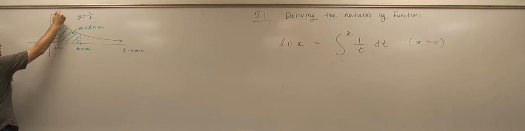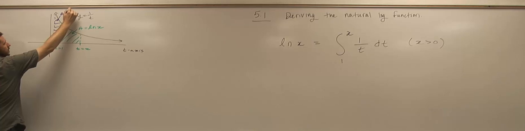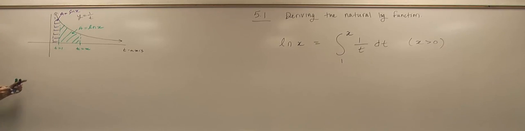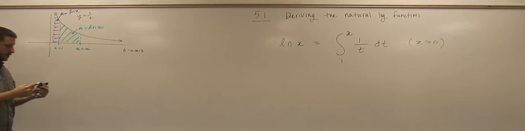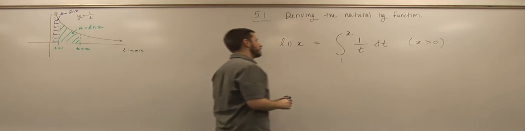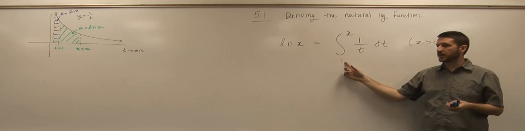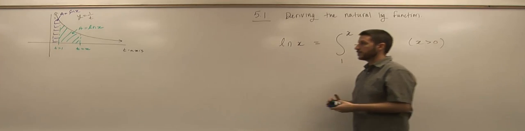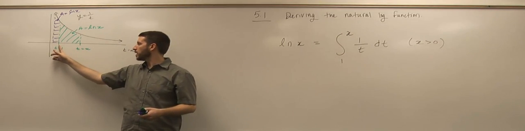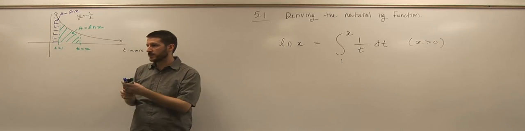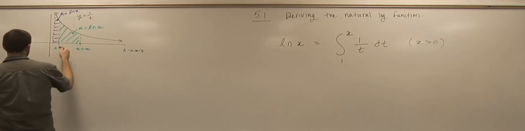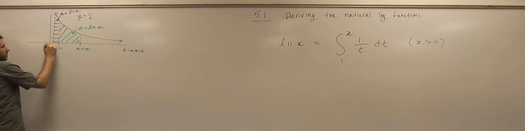Why is it negative? Why is the purple area a negative area? Because the bottom limit of the integral is 1. Right? So if you do the integral from 1, and then you go to the left, that makes the area negative, because you're going in the wrong direction.